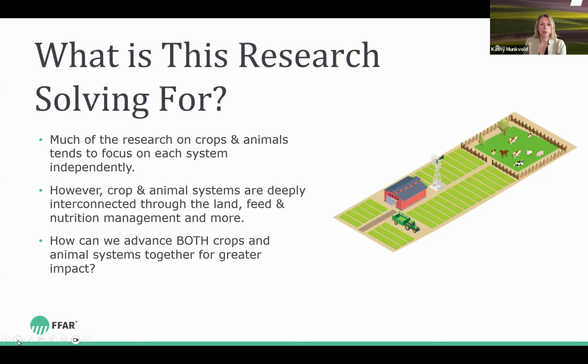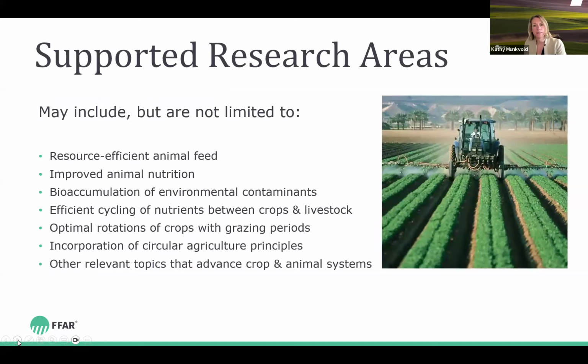We also know that crop and animal systems are deeply connected, whether they're existing on the same land or apart. And so another goal of ours is to drive a systems approach to research in these areas. So how can we advance both crop and animal systems together for greater impact? Well, we think that it's through funding collaborative, integrative, and systems research. Next slide, please.